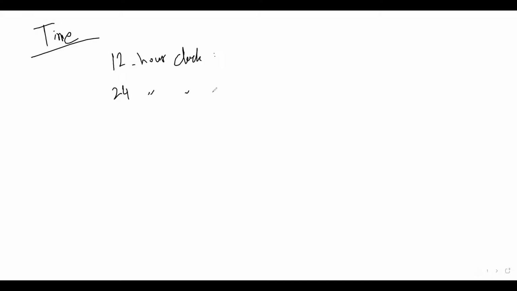So in 12-hour clock, if you want to say you wake up 6:30 in the morning and you go to school and then you come back home at 3 afternoon, you can present it this way. So 6:30 would be AM and 3 afternoon would be 3 PM.